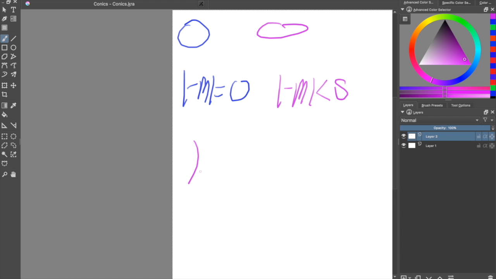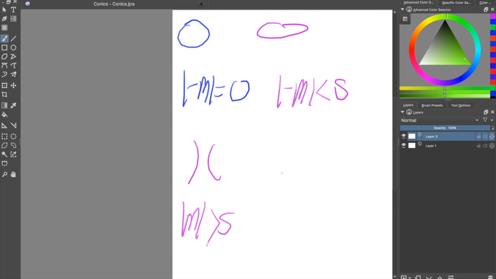For a hyperbola, I don't know why I put negative. I'm sorry, I think I put negative on all of them. Just absolute value of m is greater than slant.